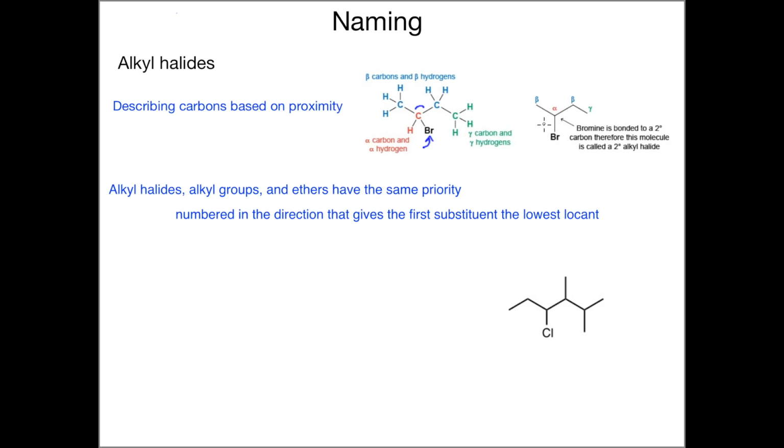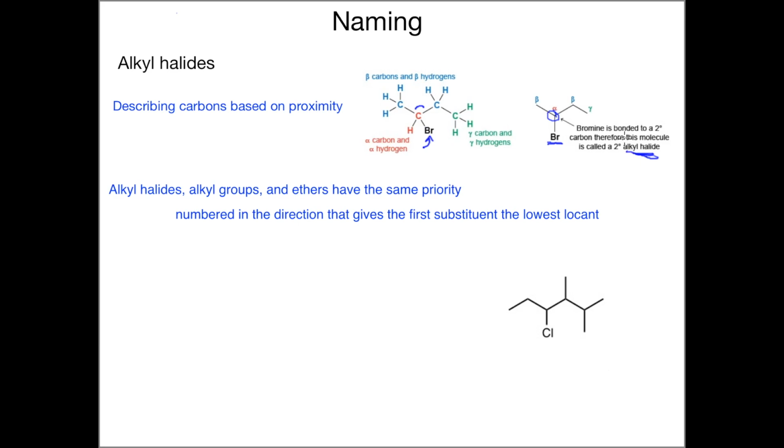Now, one of the things that you should also notice is that the bromine is attached to the alpha carbon that is also a secondary carbon. In other words, it has only 2 other carbons that are bound to it.